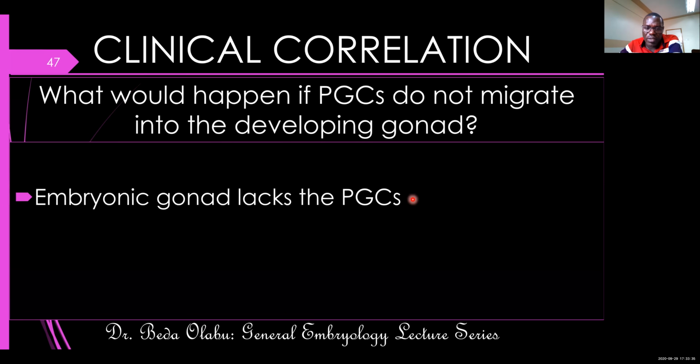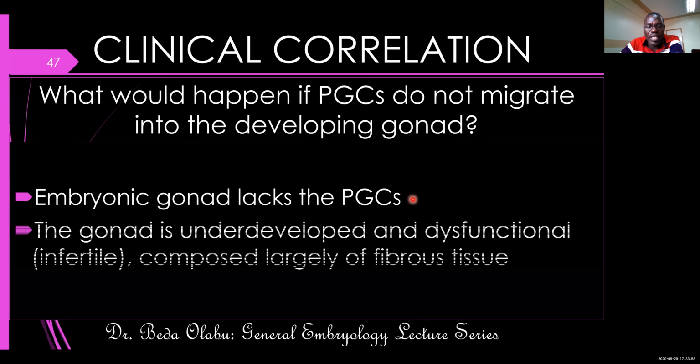So think about it. It means that the developing testis or developing ovary does not have a primordial germ cell, which means it will not have the gamete stem cells, which means it will not have the sperm or the ovum at all. So it goes without saying that that person will be infertile. And it is not just infertility.